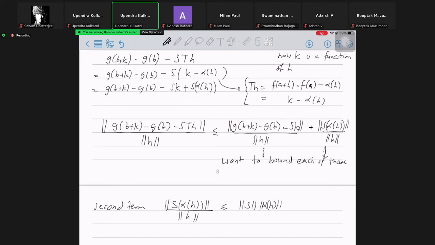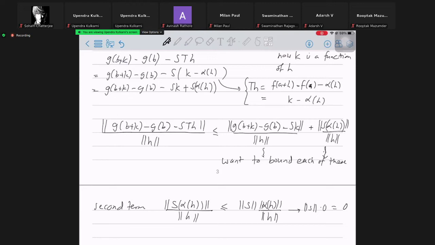So let me just write it in this fashion. And now the operator norm of S is a finite number. So this goes to the operator norm of S times 0, which is equal to 0. So good, I'm happy. I'm done with the second term.